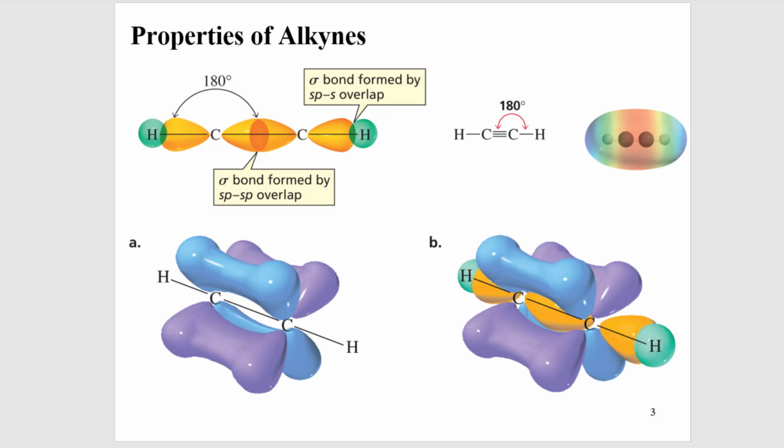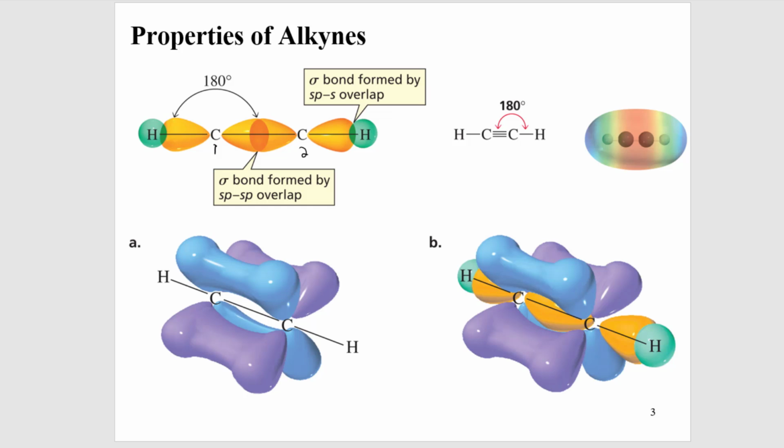You can see at the top, the orange orbitals, those are the sp orbitals. Carbon 1 in this case, and carbon 2, are each using an sp hybrid orbital to overlap and form that sigma bond.